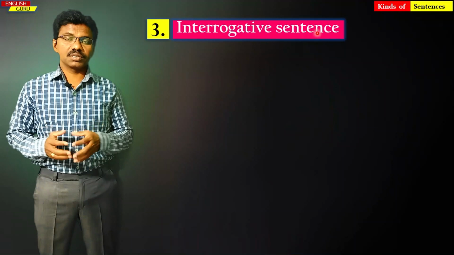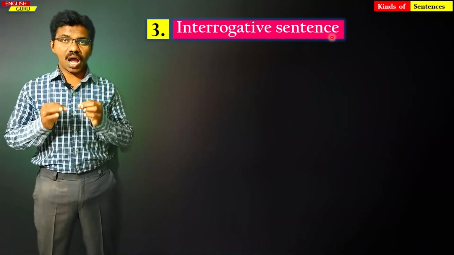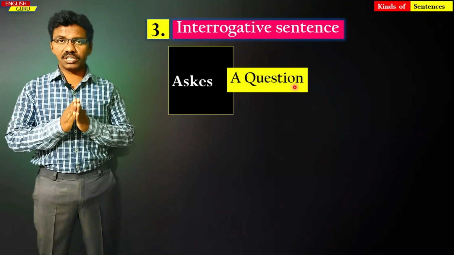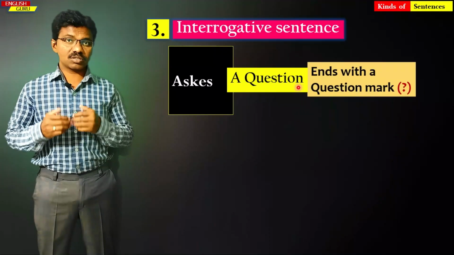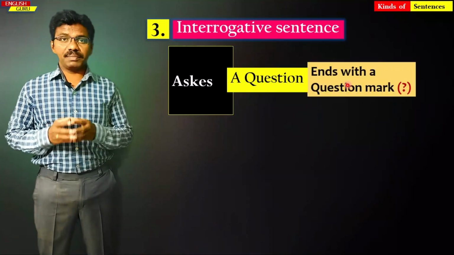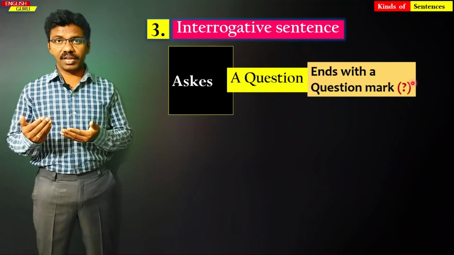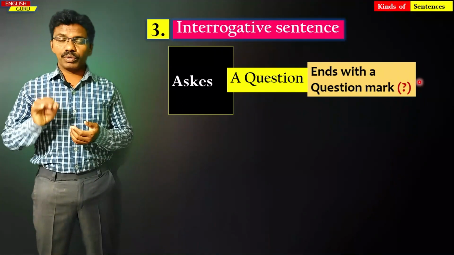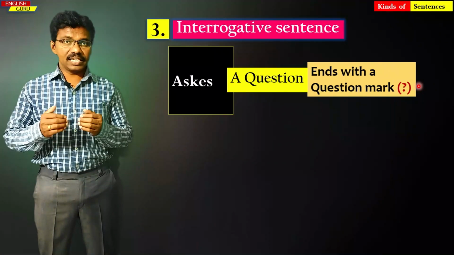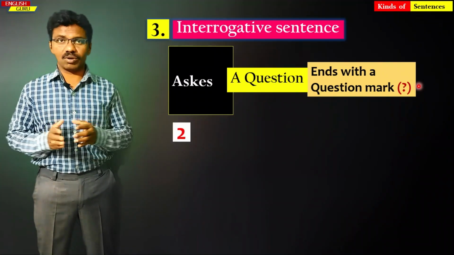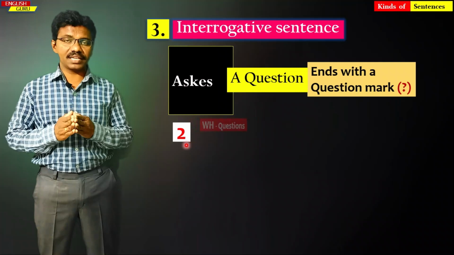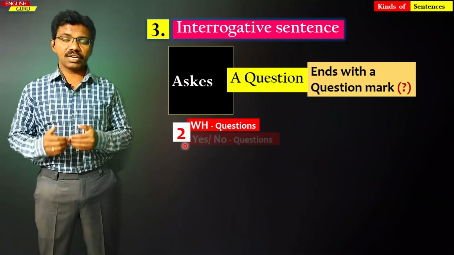The third category of sentence is interrogative sentences. So interrogative sentences ask questions. We use interrogative sentences to ask questions, and all of the time interrogative sentences end with a question mark. There is no other way. It ends with a question mark. And in the English language we have two varieties or categories of questions, that is WH questions and yes or no questions.